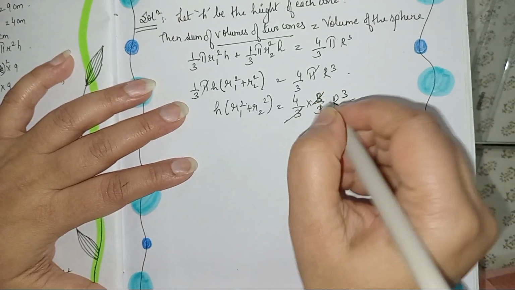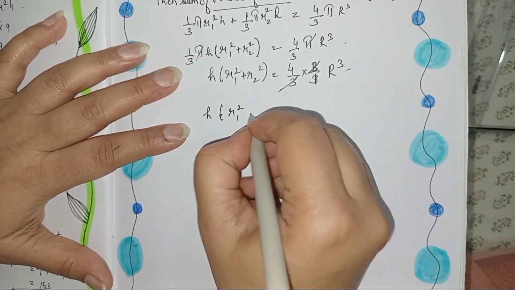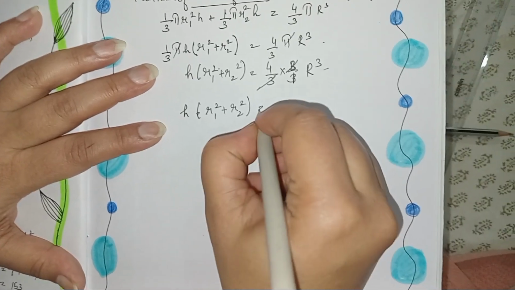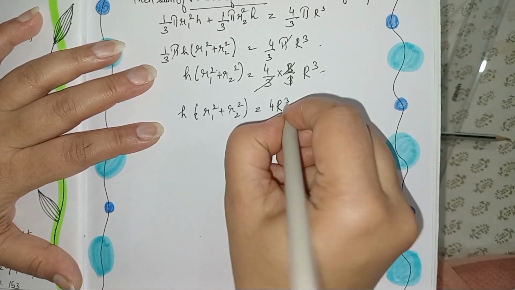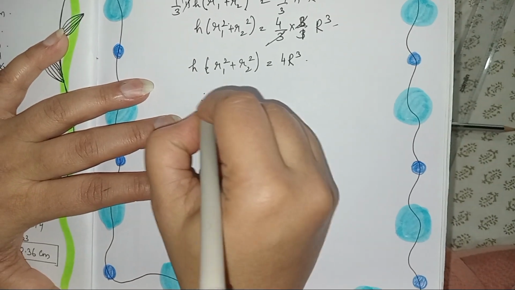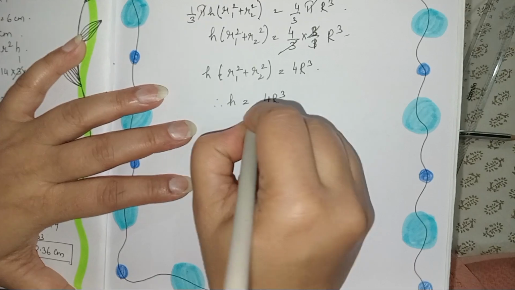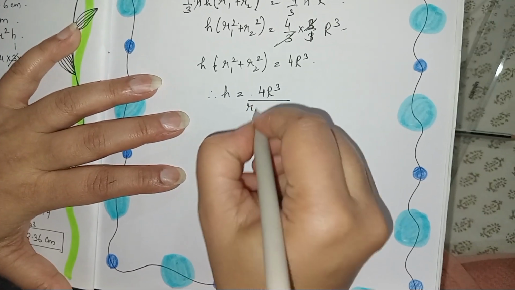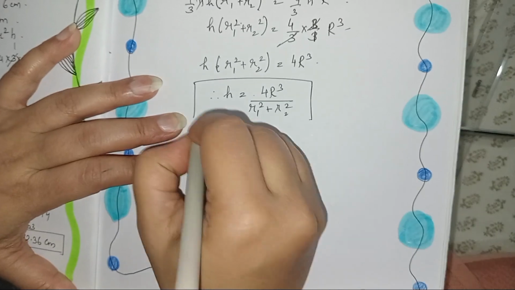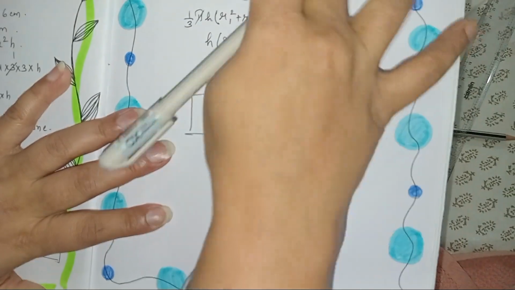The 3 gets cancelled with this. h into r1 square plus r2 square is equal to 4r cube. Therefore, h is equal to 4r cube over r1 square plus r2 square. This is the required answer. You had to prove this.